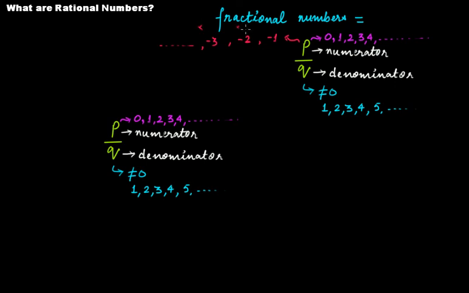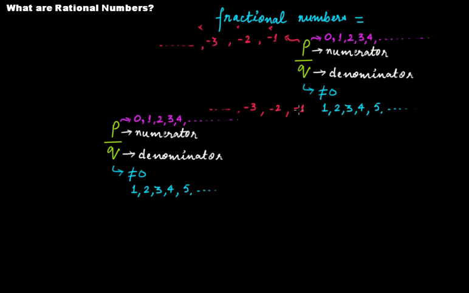No, not allowed. Right? Similarly, q cannot be equal to -1, cannot be equal to -2, cannot be equal to -3, and so on. That is, neither the numerator nor the denominator can have negative integers.